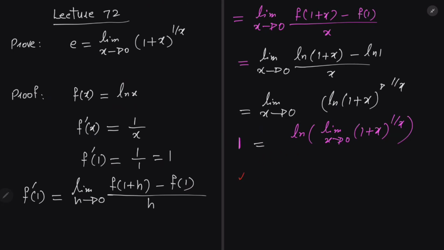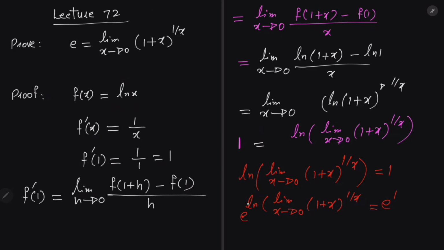So natural log of the limit as x approaches 0 of 1 plus x raised to the power 1 over x is equal to 1. And when we take the anti-log, e raised to the power natural log of the limit of 1 plus x to the 1 over x equals e raised to the power 1.